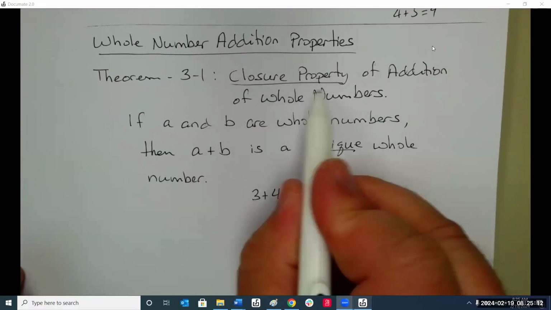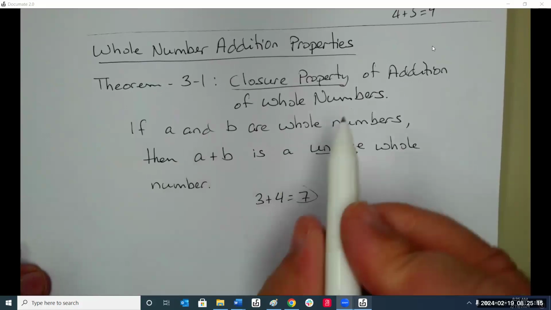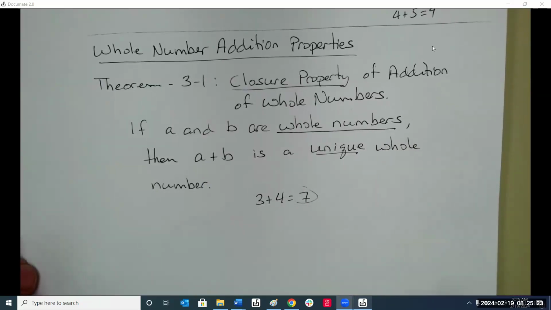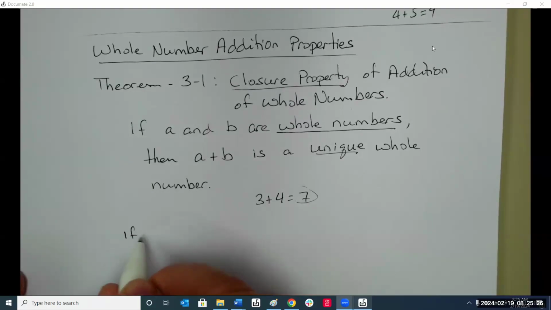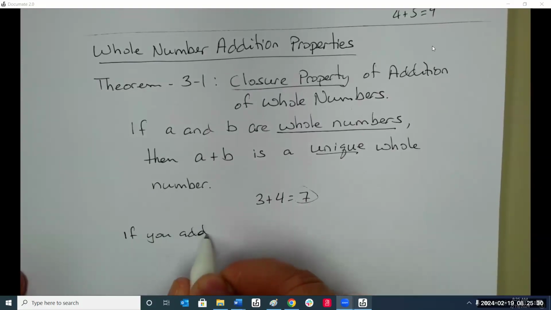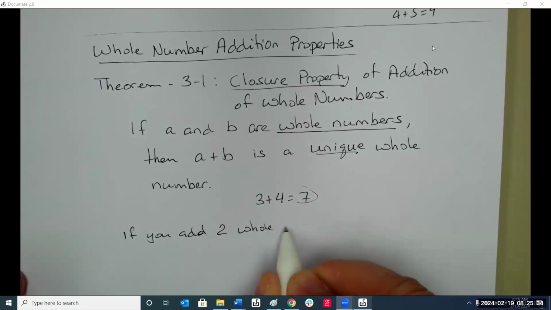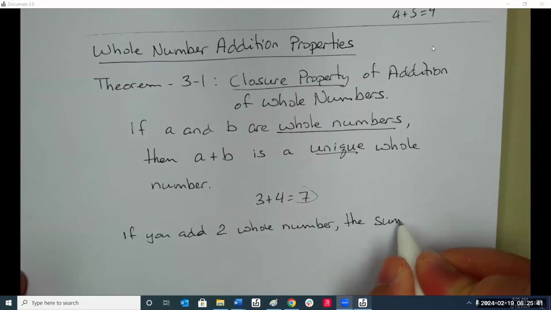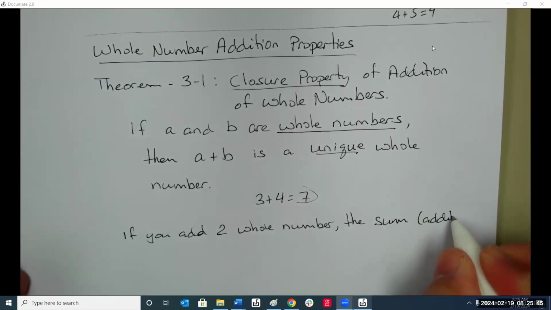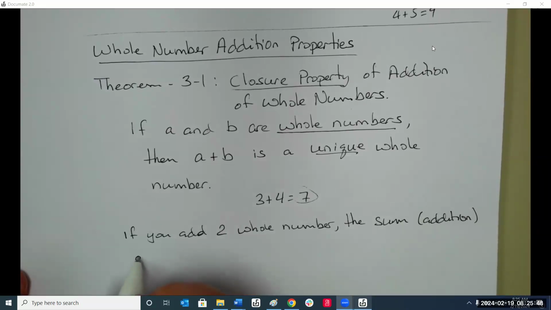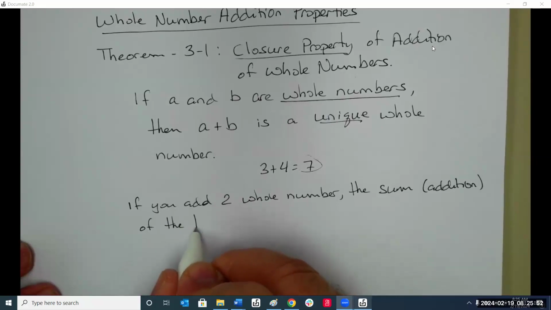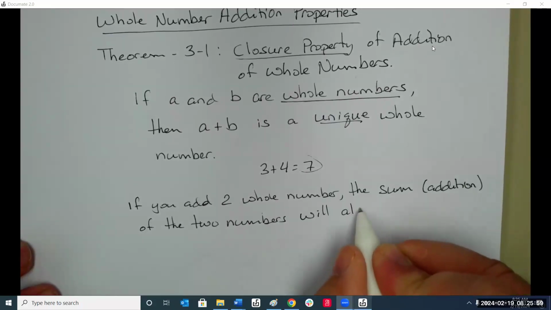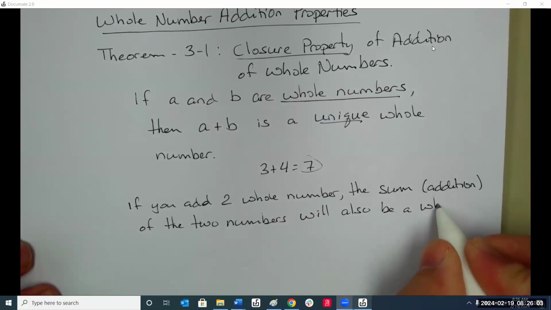All right, so now let's see. What does closure mean? Since we defined that A and B are whole numbers, which are everything from 0 to infinity, if you add two whole numbers, the sum of the two numbers will also be a whole number.